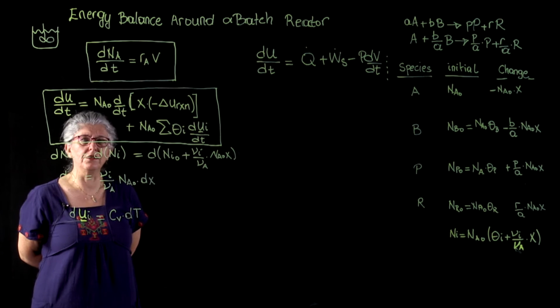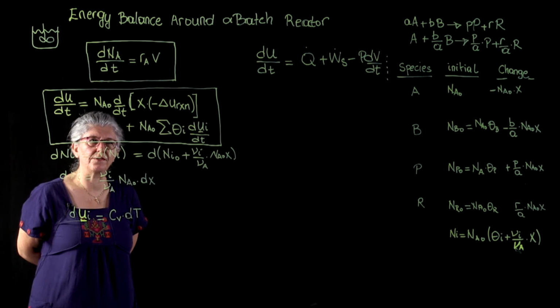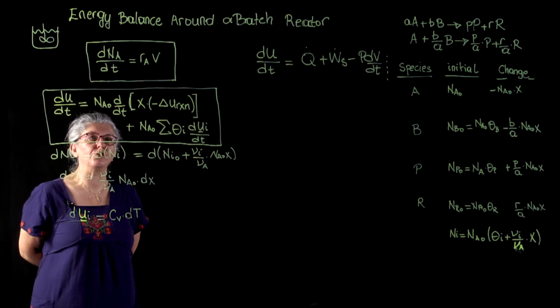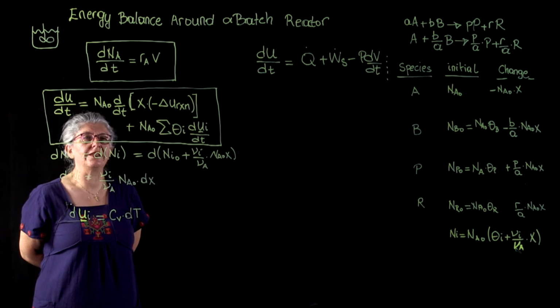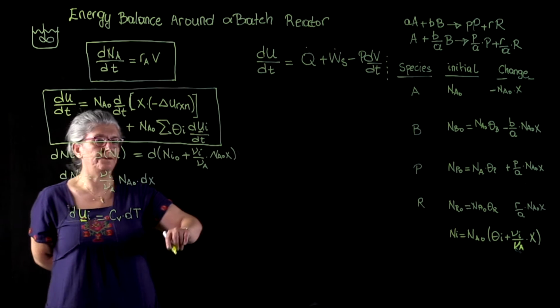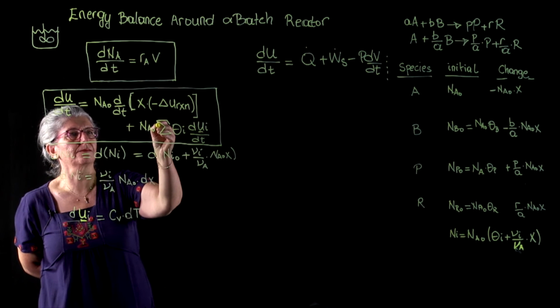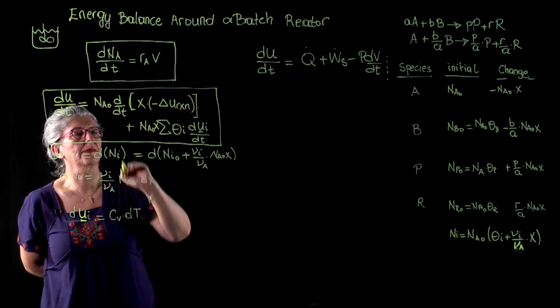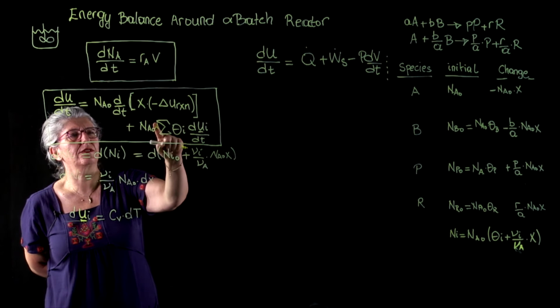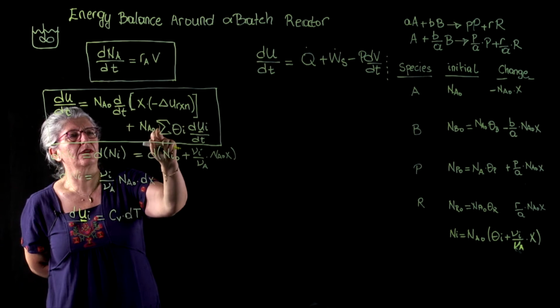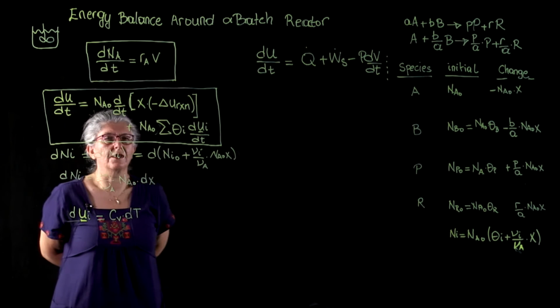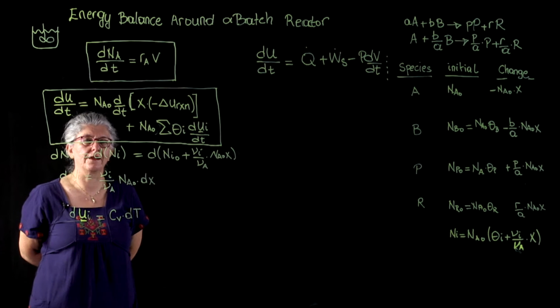Now we continue with a more cleaned up space. We have du over dt expressed in terms of the delta U of reaction, the stoichiometric ratios of the feeds, and, no, there's no x here, sorry. There is no x here. And then A0. All right.